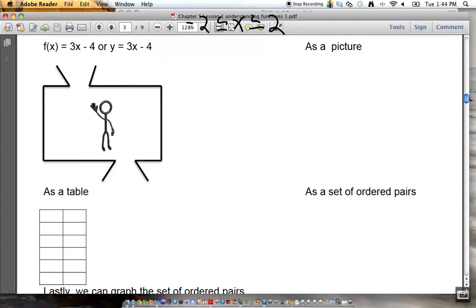That should be -1. 1 goes to -1. No, you gotta plug these things in, like, for example, 3 times 0 is 0, -4 is -4.